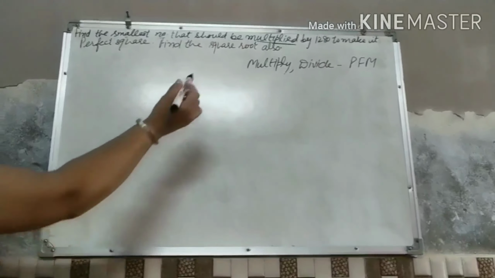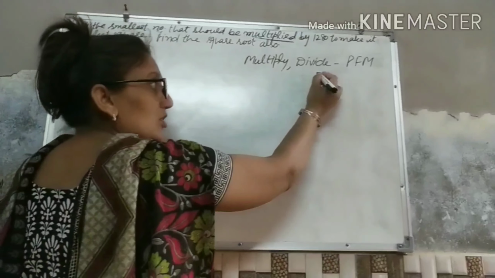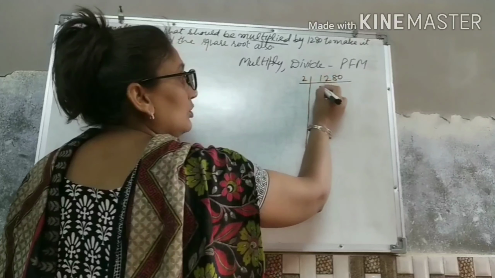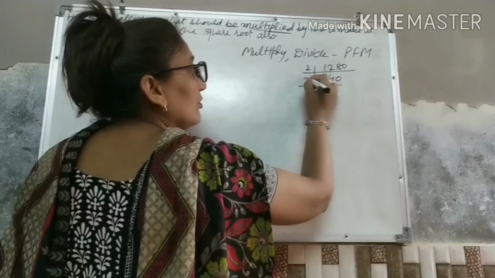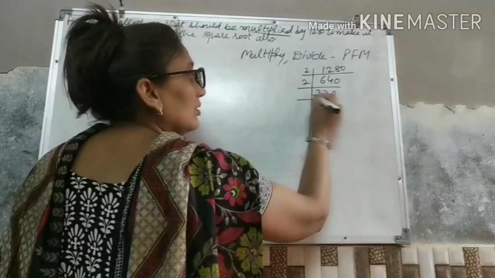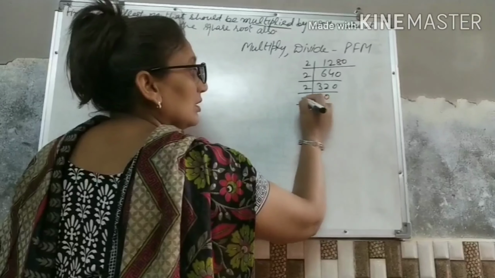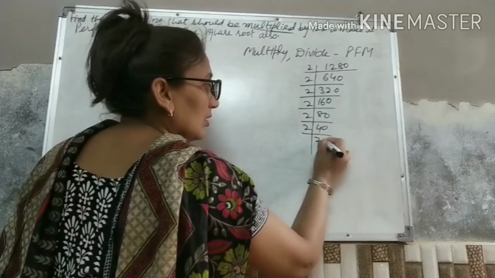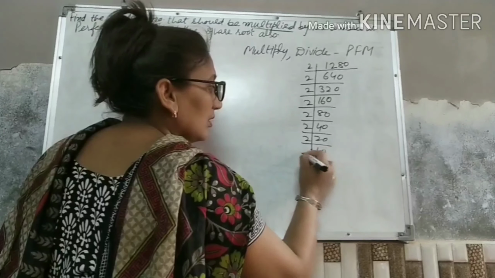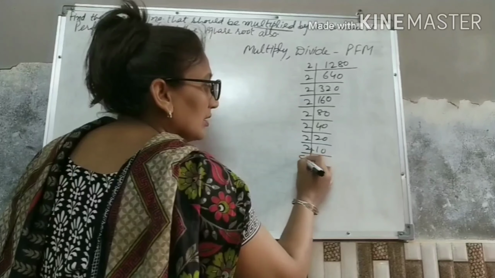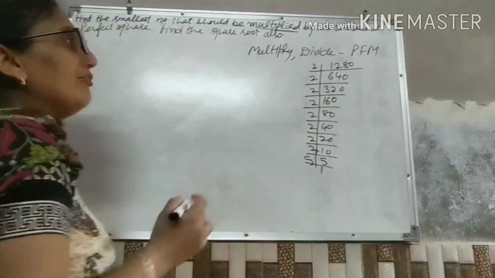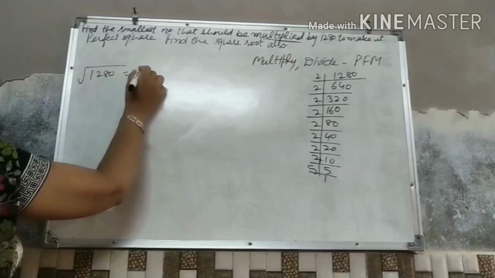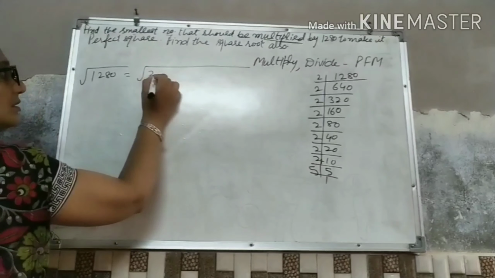First of all we will find the prime factors of 1280. These are the prime factors. So we will write it in square root and make the pairs.